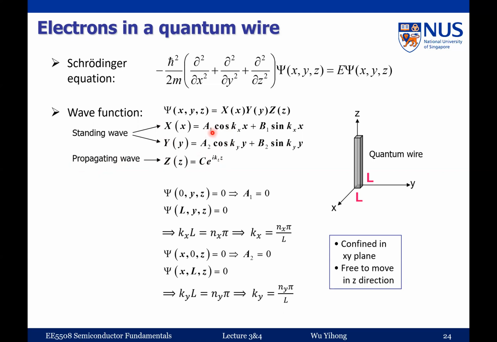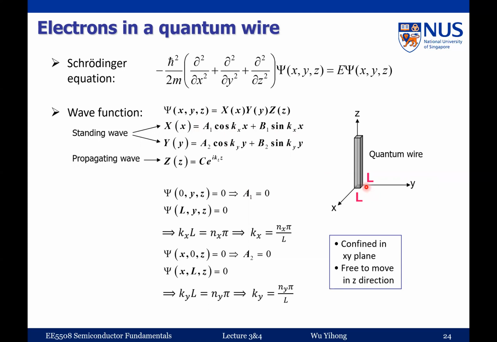Of course, the coefficients in the X and Y directions are different, and we apply boundary conditions in both directions. In the X direction, when X is 0, the wave function must be 0, because you can't have electrons outside the wire. So you get A1 is 0.